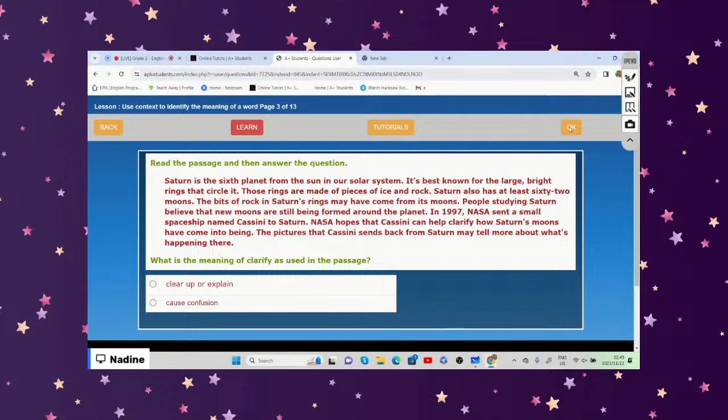So, if we look at the word clarify, is clarify to clear up or explain, or to cause confusion? So, we are about to clarify something. Either we're going to clear up or explain, or to cause confusion.